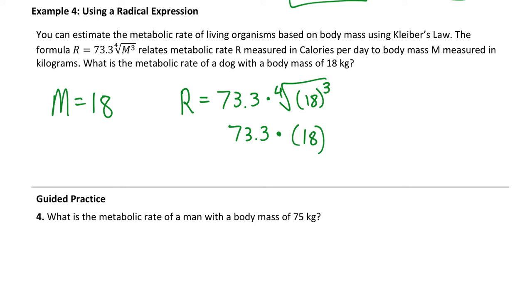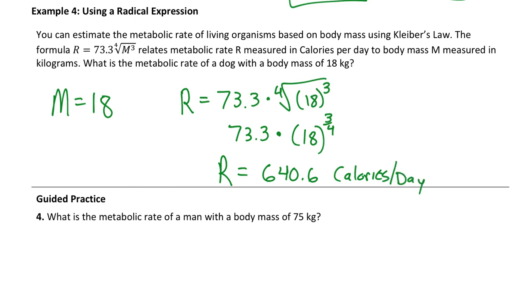I'm going to convert it to exponential form, to the 3/4 power. 3 is the power, 4 is the root. So if I do 18 to the 3/4 power, and then I multiply that by 73.3, that means r is 640 point, and let's just round to one decimal place, 640.6 calories per day.